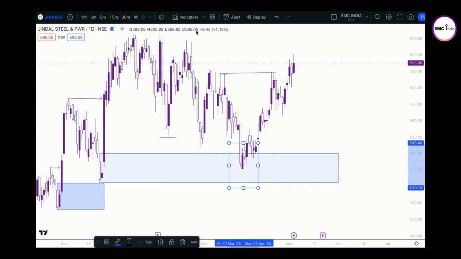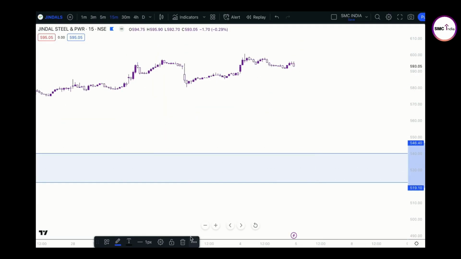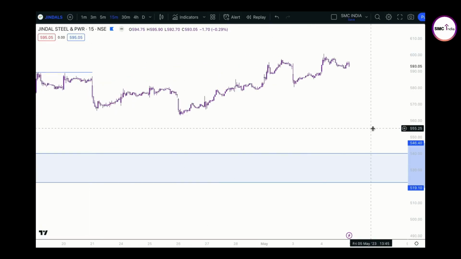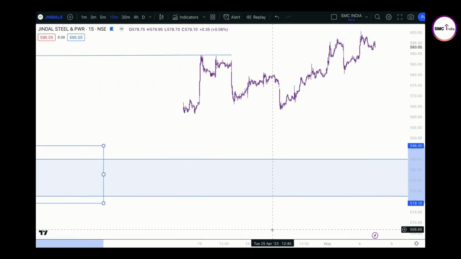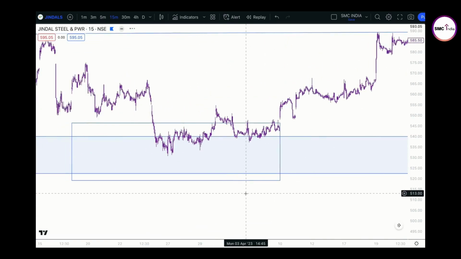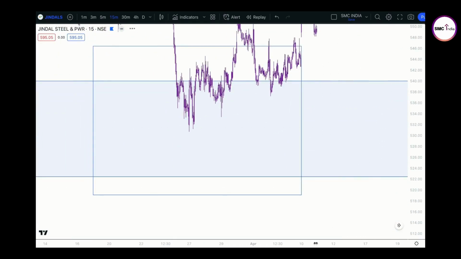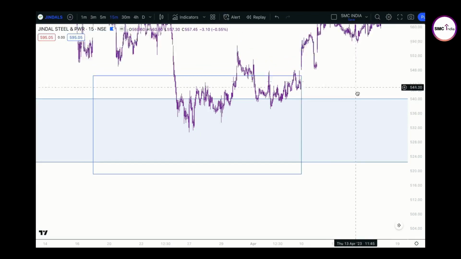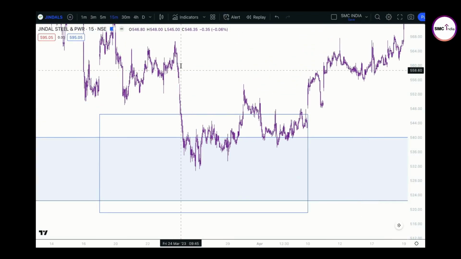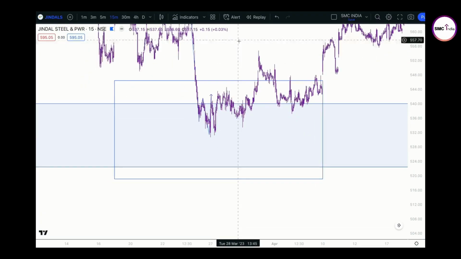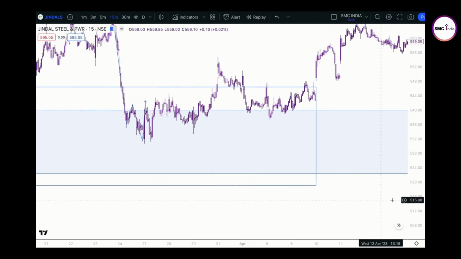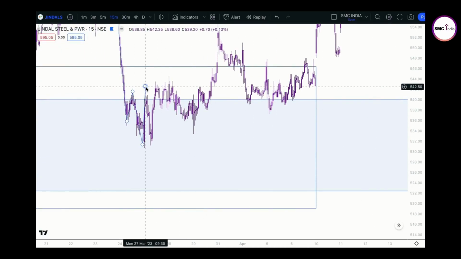So if I move to 15 minute, I'm going to see long opportunities. From this zone, what did you see? That the price moved down, created this low high here, and then moved down again, created this low, but it did not break the high with a closing candle, so you don't consider it as a valid high.